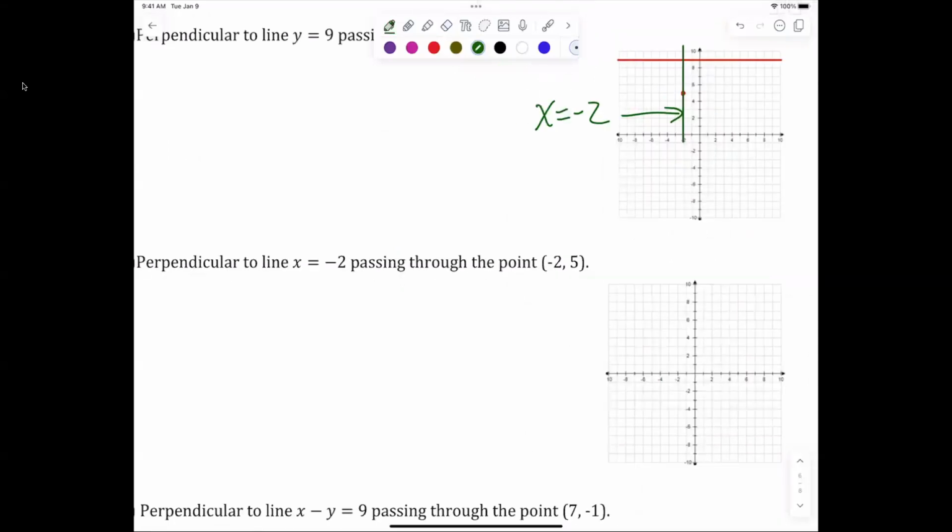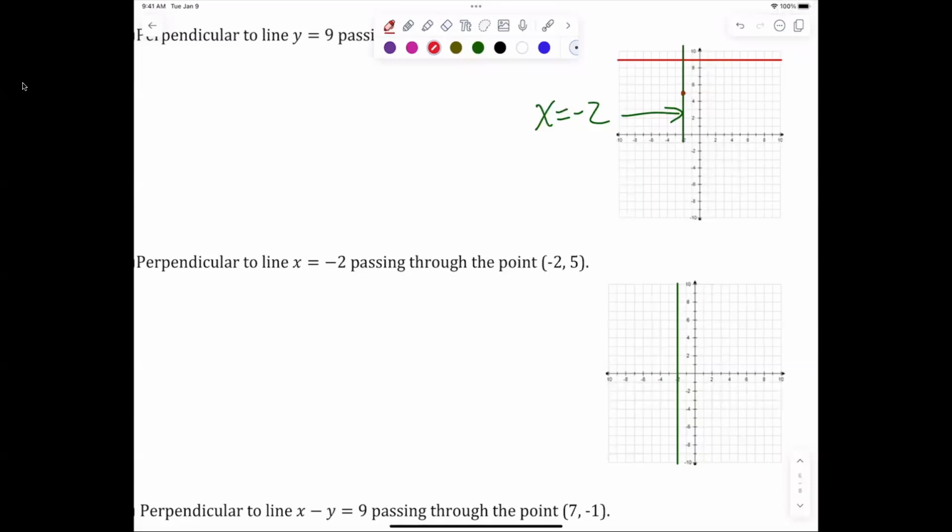Once again, graph X equals -2. Now, graph the perpendicular. All right, this one's not as important as the last one. What is that going to be, Liv? Horizontal.